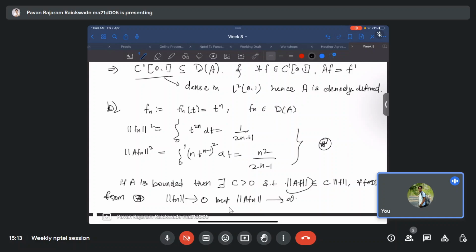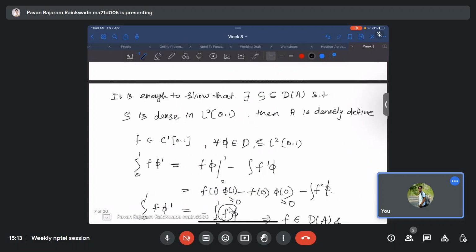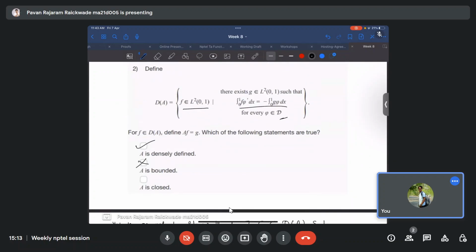So this norm of AFn cannot be bounded by some constant. So this is not true, since A is not a bounded operator. Okay, so this is wrong.